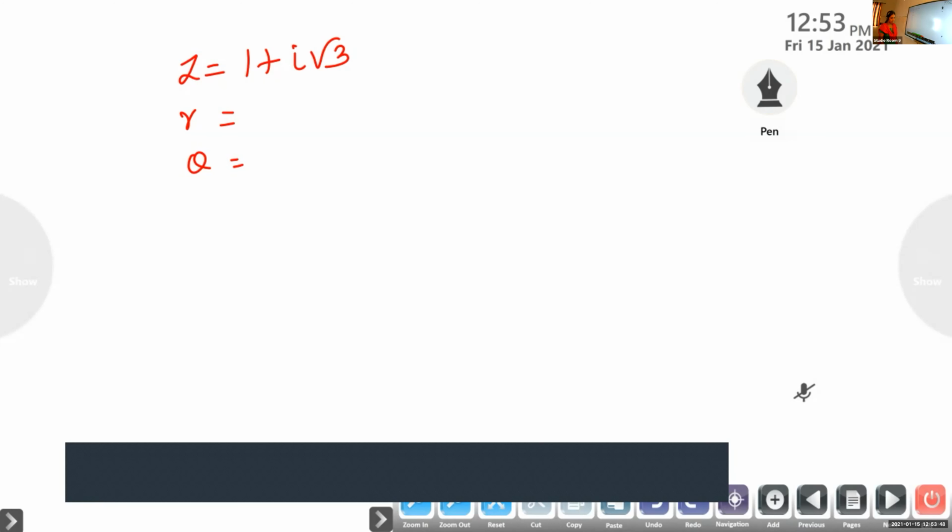What is the value of R? 2, ma'am. Okay. Can you give the value of theta? Pi by 3. So what is the polar form?